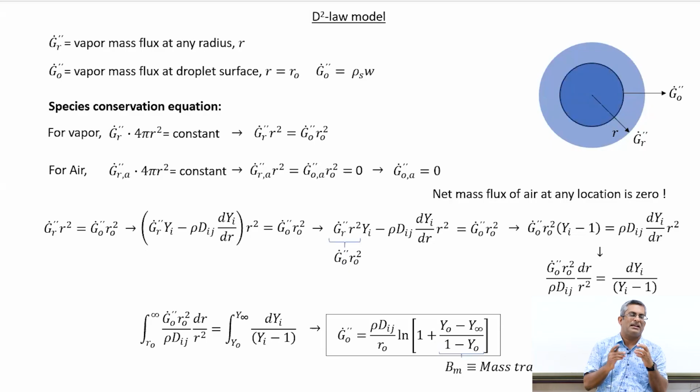What I mean is that the diffusivity of, let us say, water vapor into nitrogen is strictly not the same as the diffusivity of water vapor into hydrogen, but both are present. However, we are simplifying this and assuming that the vapor is diffusing into air only, where air itself constitutes the second species.